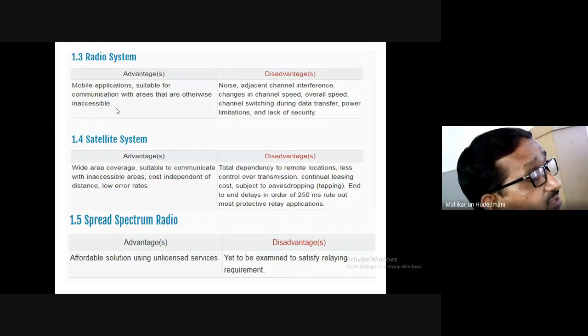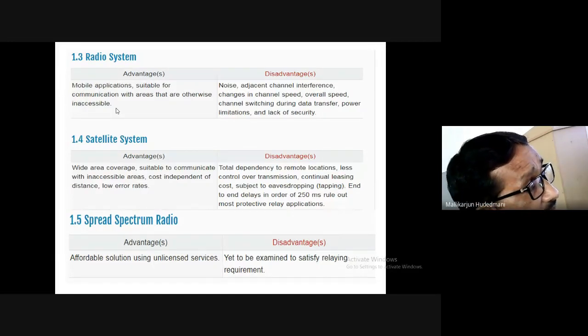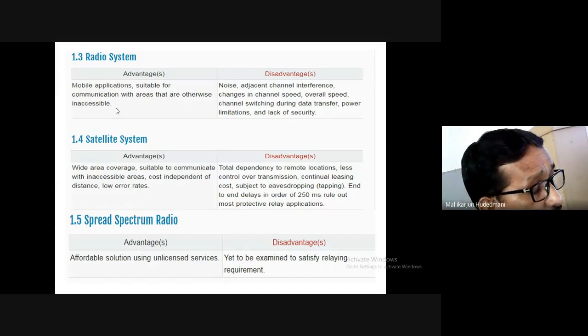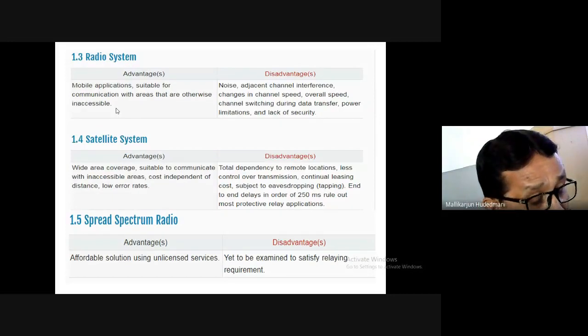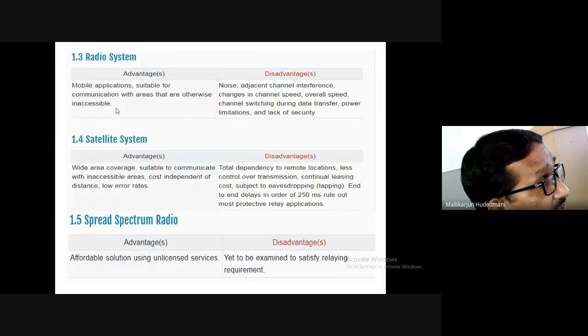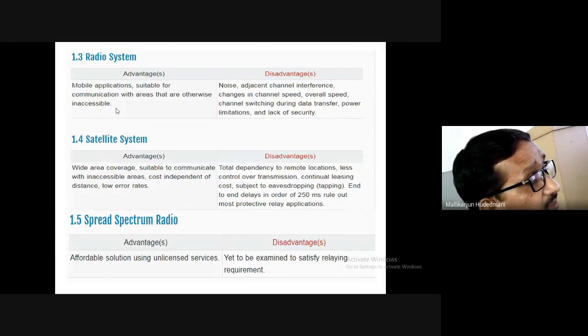The other advanced system is satellite communication. You can imagine a power station, a generating area, and a load center, where the radio system or transmission mechanisms using PLCC or PSTN switched telephone lines may not be suitable, or not even possible to lay.